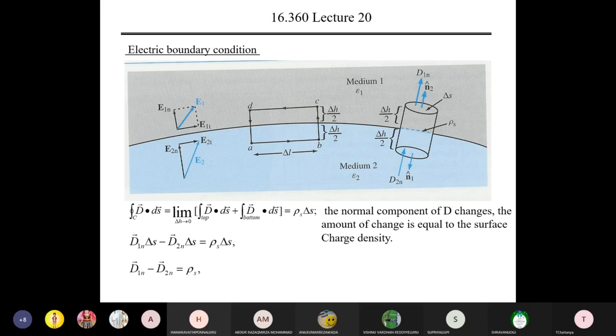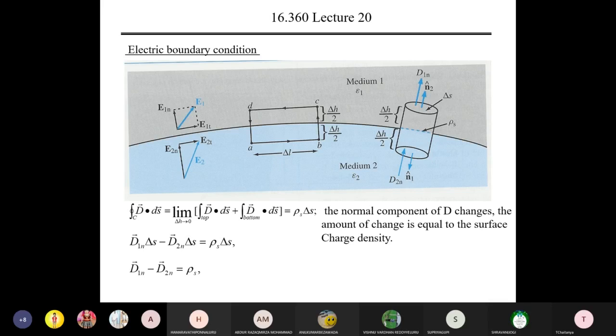When you go for a mathematical representation, for the cylinder, let me apply the Gauss law. That is the integral of D dot dS equal to the enclosed charge. Gauss law is applicable for a Gaussian surface. When you see this cylinder, I can recognize that there are two Gaussian surfaces, named the top end as well as the bottom end.